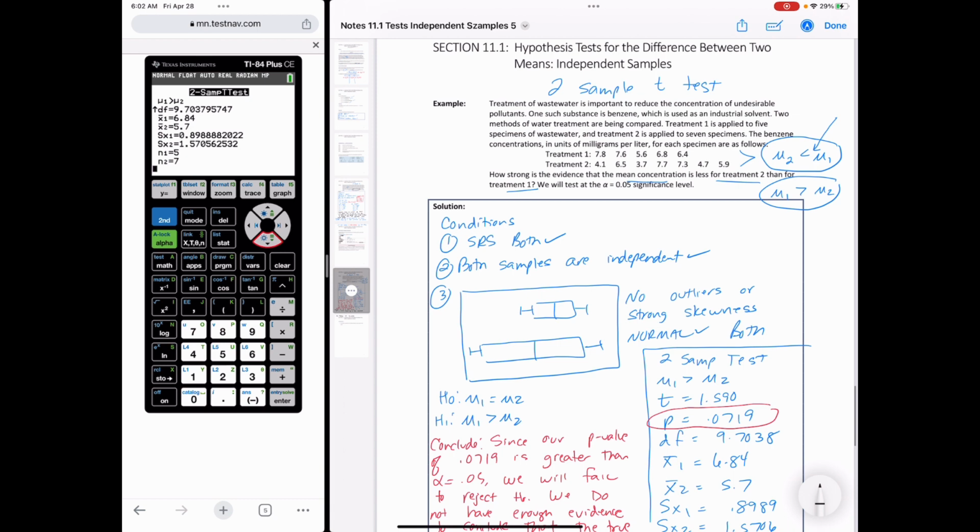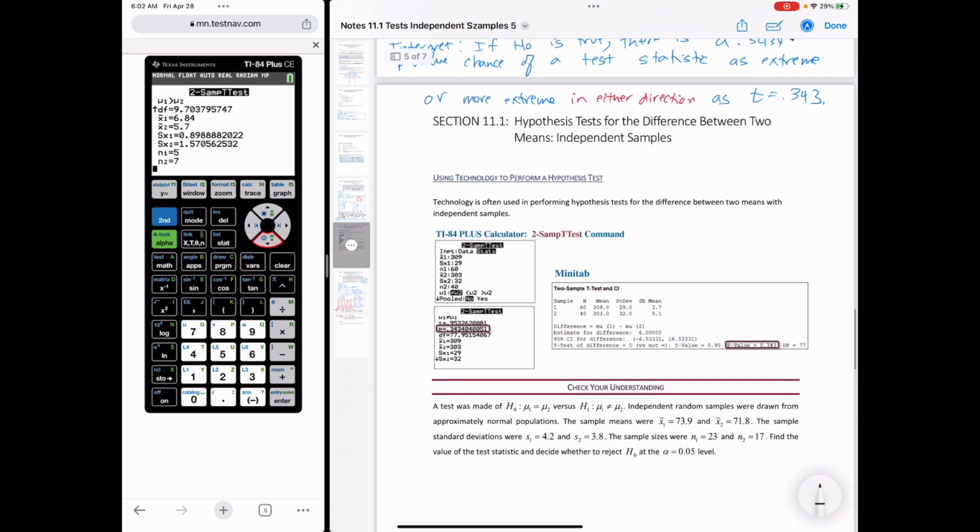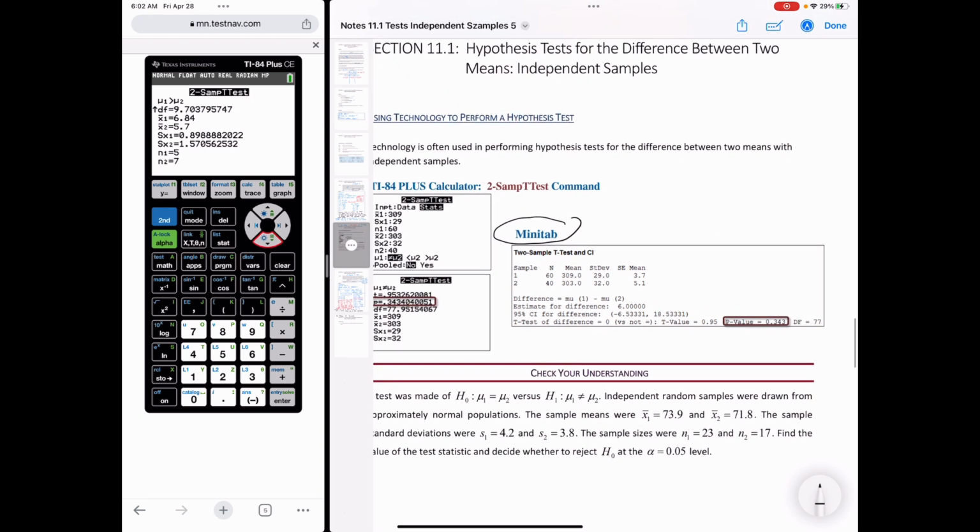All right. And let's go back to that page that we skipped. I want you to look at the Minitab output just for a minute, and we'll do more of this after next week. What I like about Minitab is it does the tests and the confidence intervals in the same thing. There's the confidence interval if I needed it, difference mu1 minus mu2.